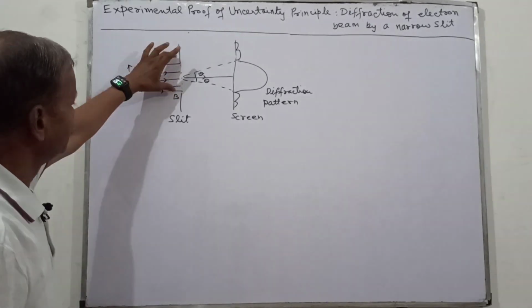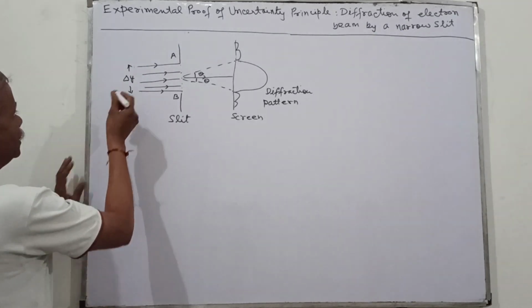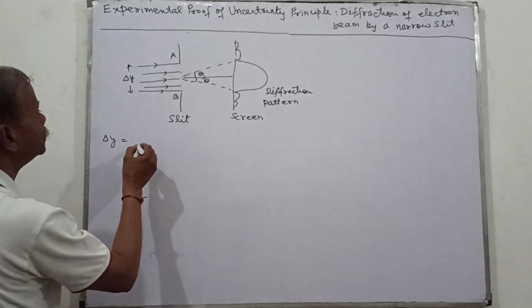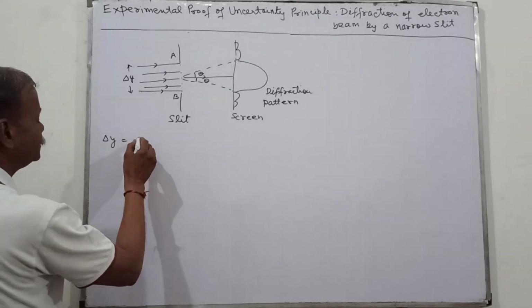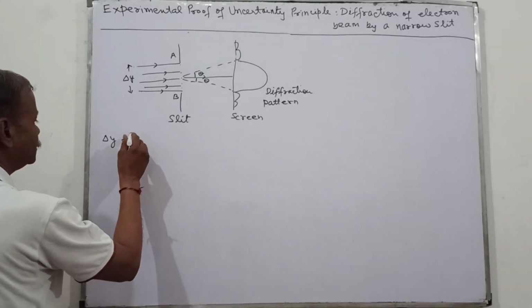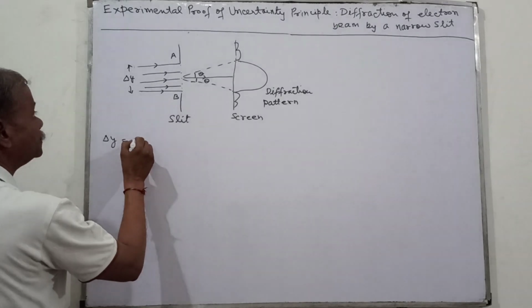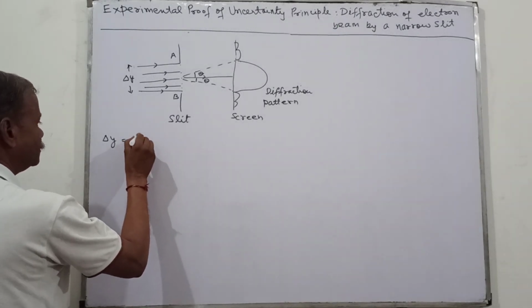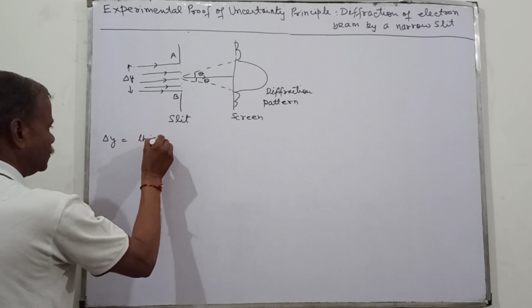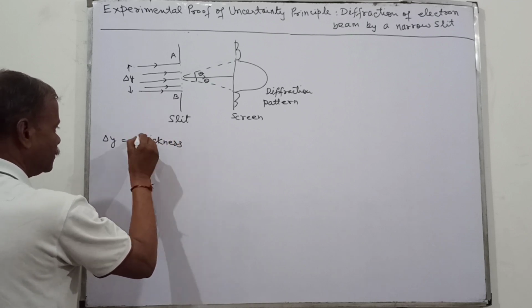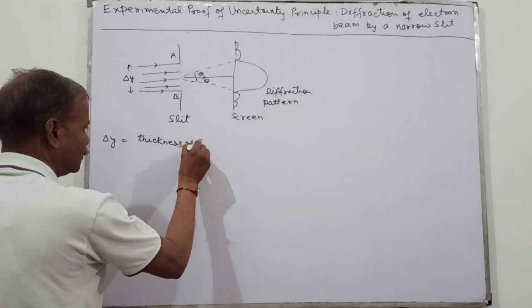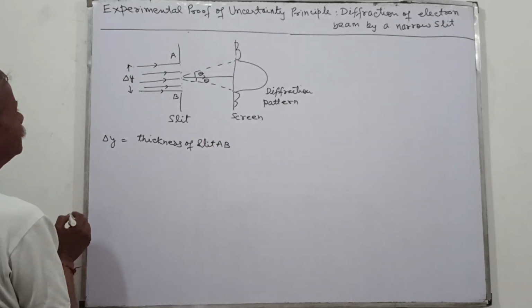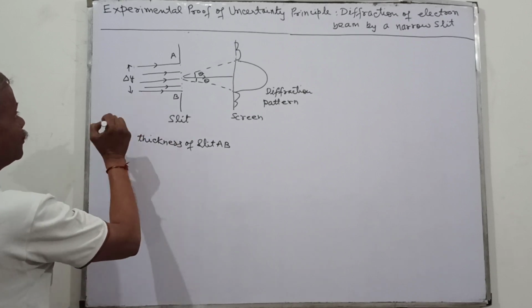This is the slit of thickness delta y. Delta y equal to thickness of slit AB, and this is an electron beam.